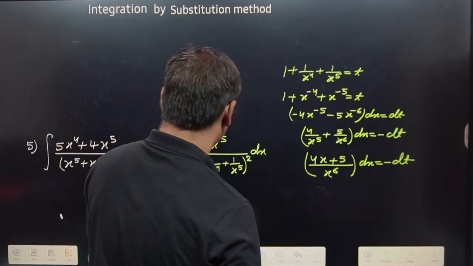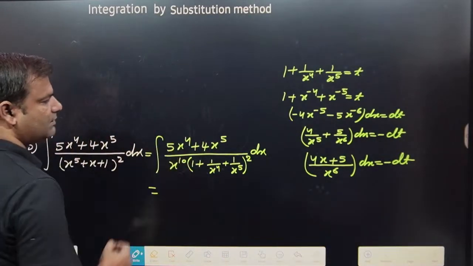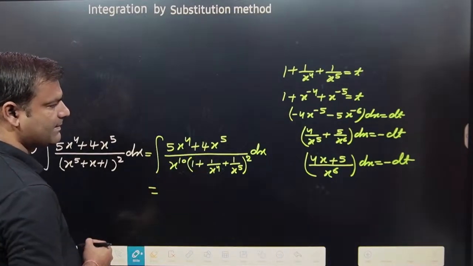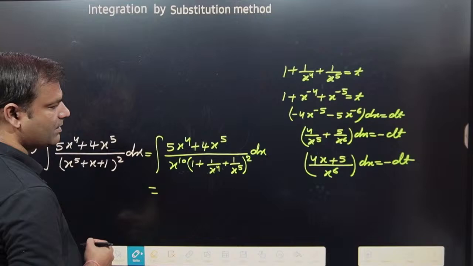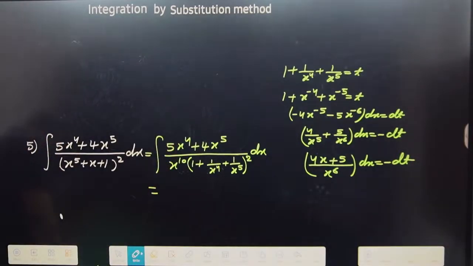Now look here, if x to power 4 is common, that is x to power 4 plus x to power 5.